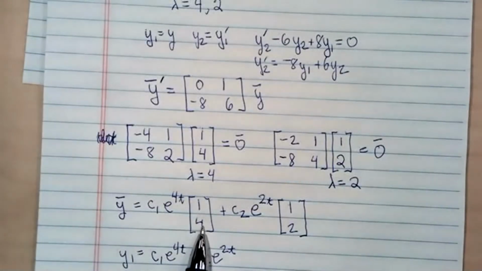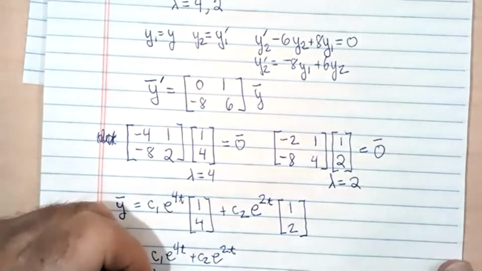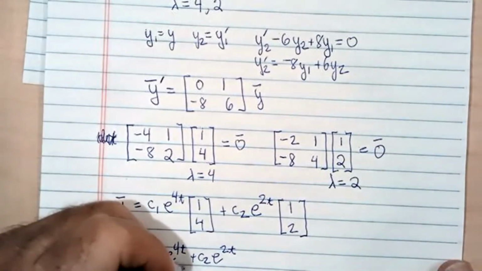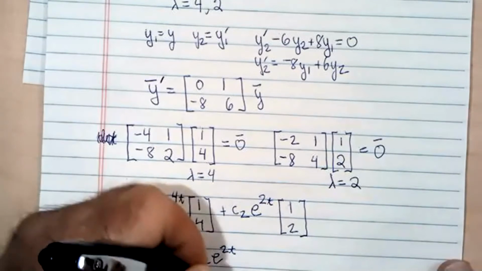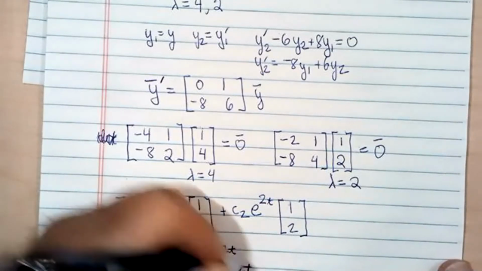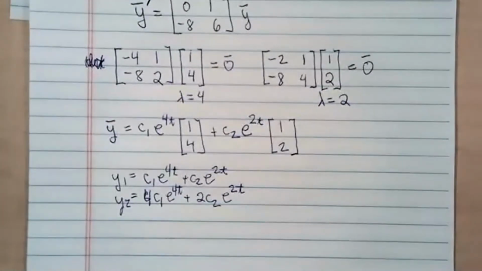You pick up a 4 with the e to the 4t and a 2 with the e to the 2t. I should say 4c1 e to the 4t plus 2c2 e to the 2t. And there's our solution without writing vectors.